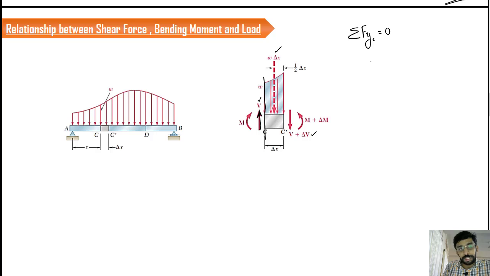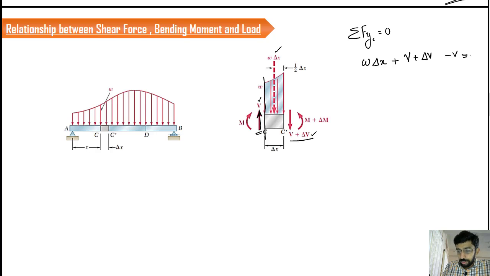W into delta X, that is the total load, is going to be positive because it is acting on the right hand side in the downward direction. So W into delta X is positive. We have another one, V plus delta V, that is also positive. We have another force V here, it is a negative force V. Apart from these four forces, we don't have any other vertical loads.